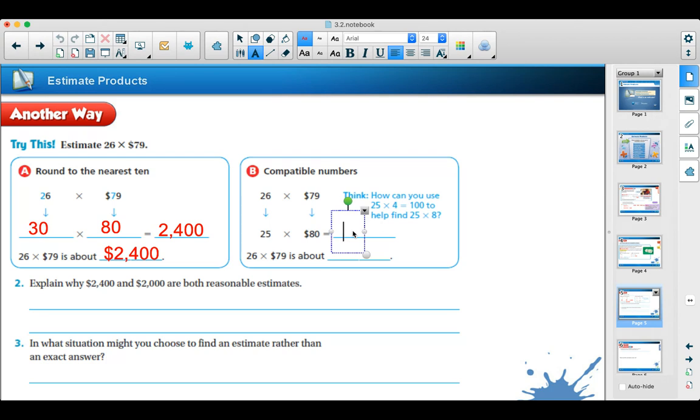So 25 times 8 is 200, and we'll add the 0 for the 80. So 26 times $79 is about $2,000.